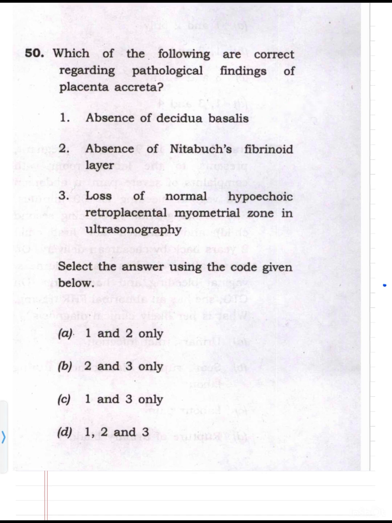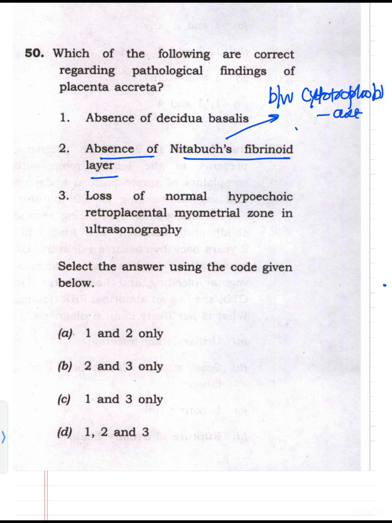Now second is absence of Nitabuch's fibrinoid layer. What is Nitabuch's fibrinoid layer? Nitabuch, in her thesis, described a fibrinoid layer between the cytotrophoblast of the placenta and the decidua basalis.